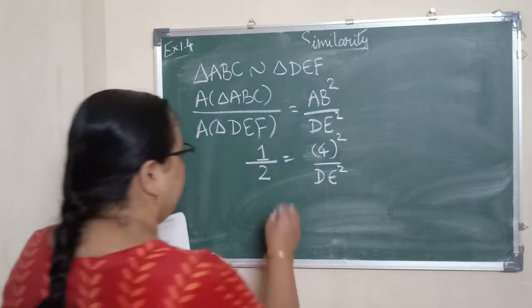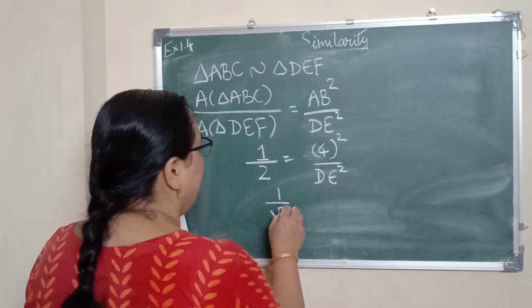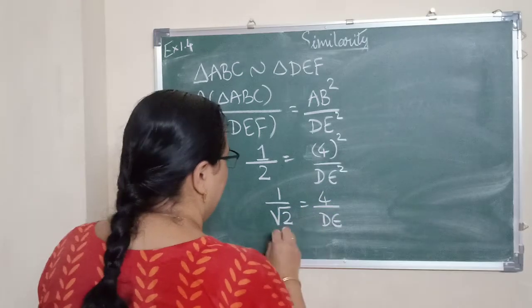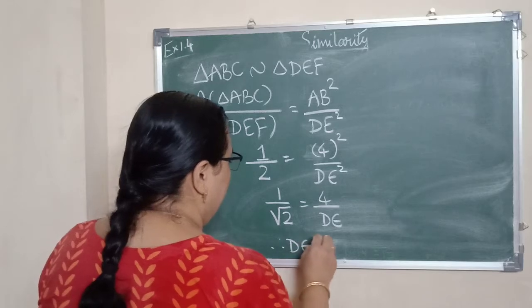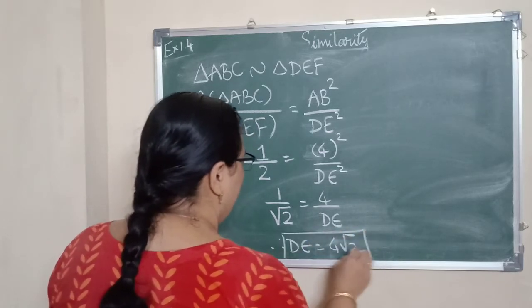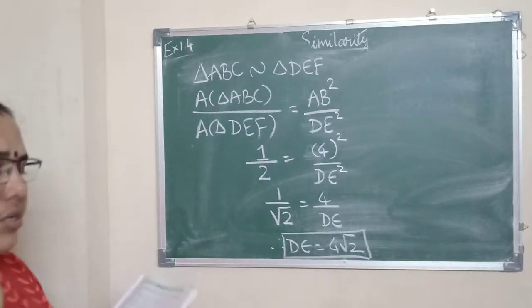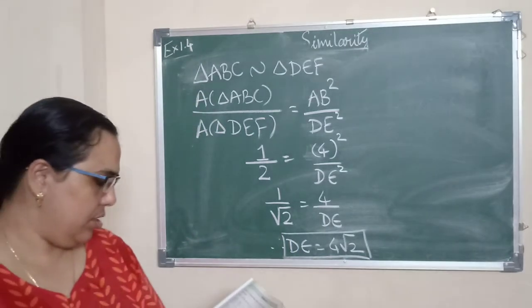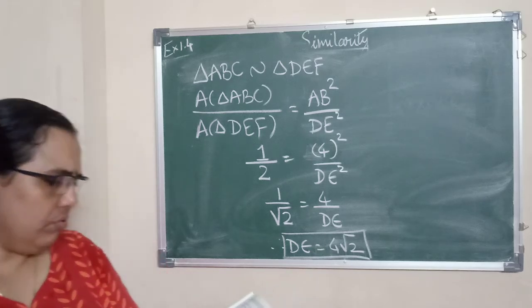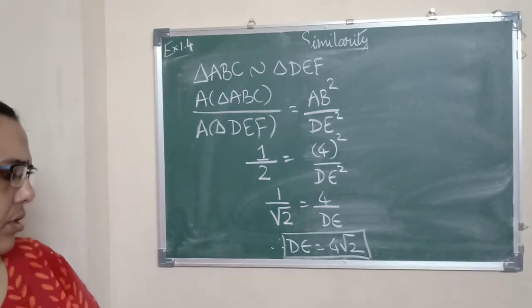You get 1 upon root 2 equals 4 upon DE. Therefore, DE is nothing but 4 root 2. Got it? Okay.